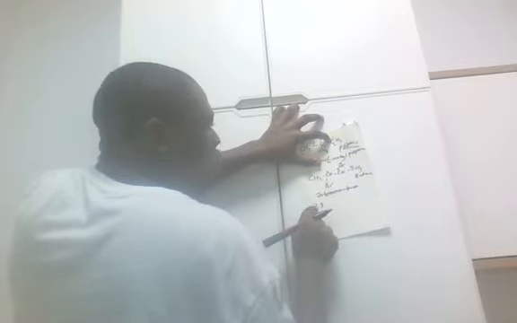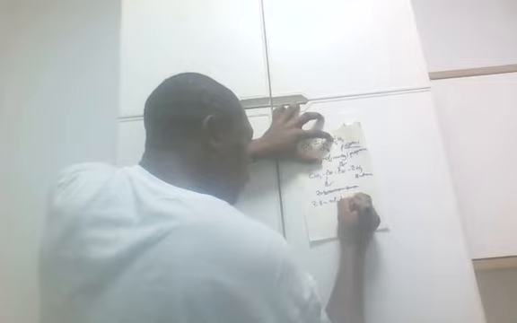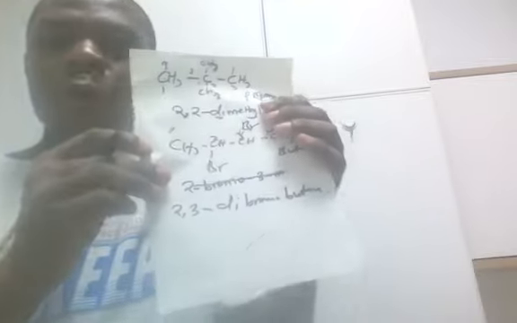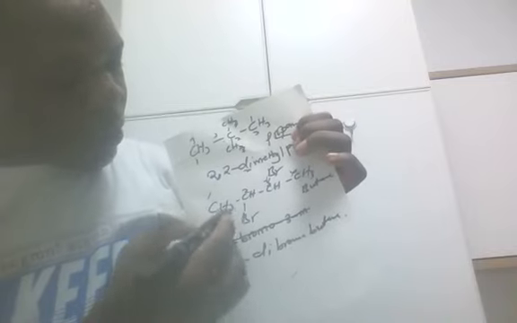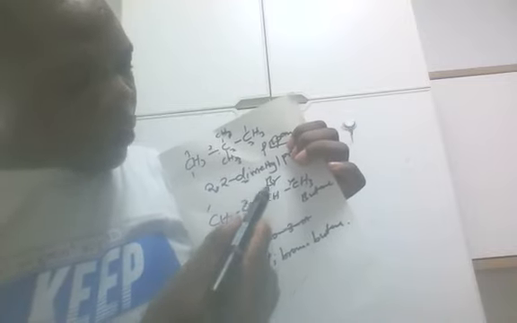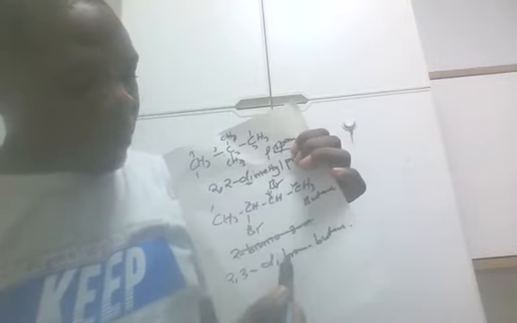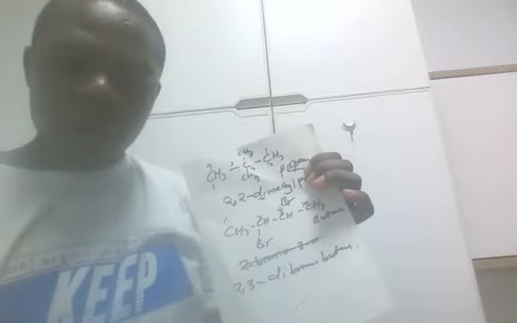So 2 comma 3 hyphen, and there are two bromines, so dibromo, then the parent name butane. Yes, 2,3-dibromobutane. Carbon number 2 has bromine, carbon number 3 has bromine, and there are 2 bromines, dibromo, butane.